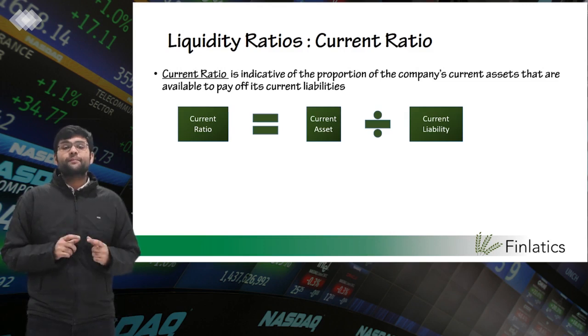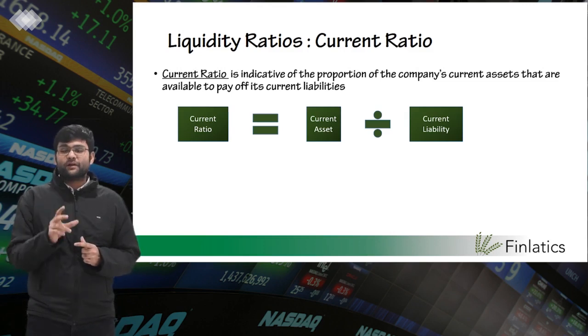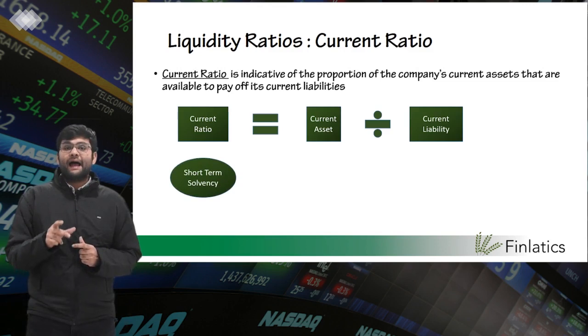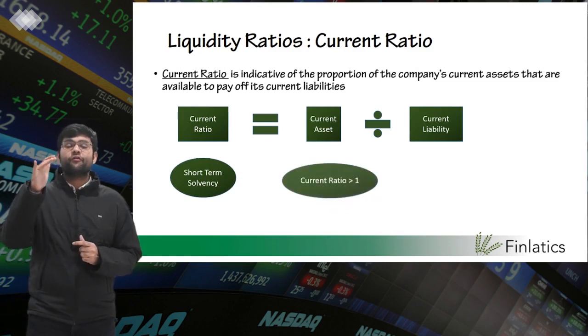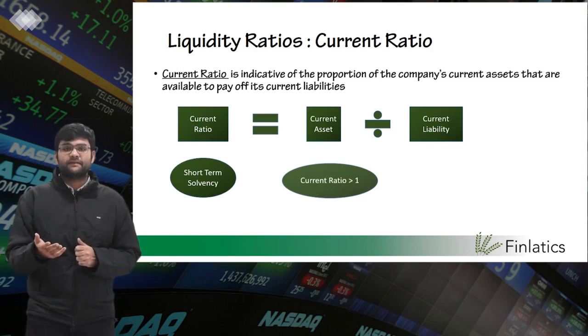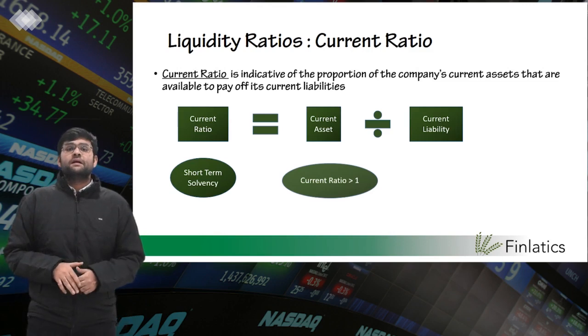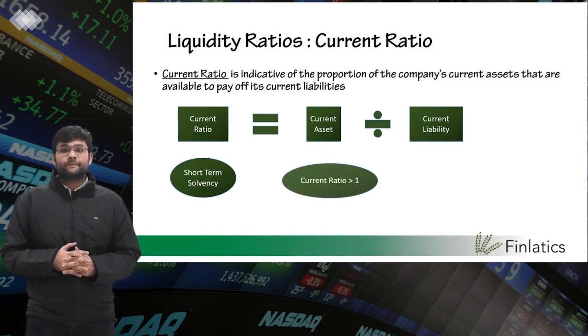Current ratio also measures a company's short-term solvency, and a higher measure of current ratio generally indicates that a company has enough assets to pay off its current liabilities. Therefore, a higher current ratio is considered better. However, there's a catch here.